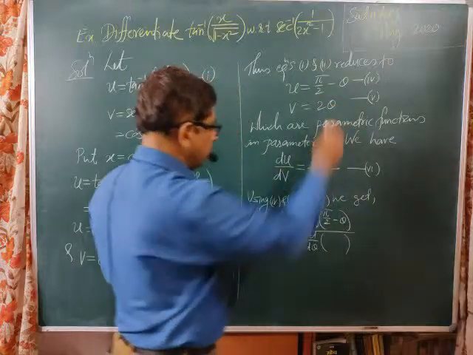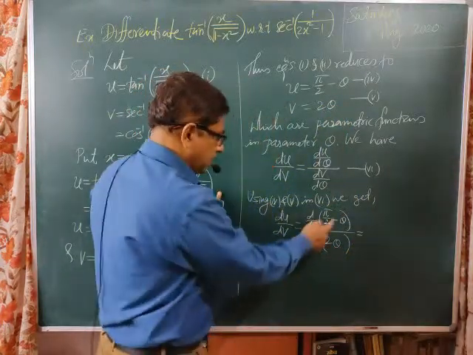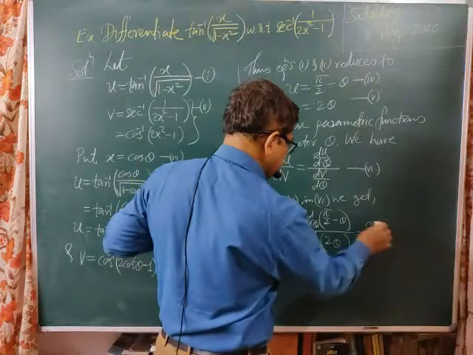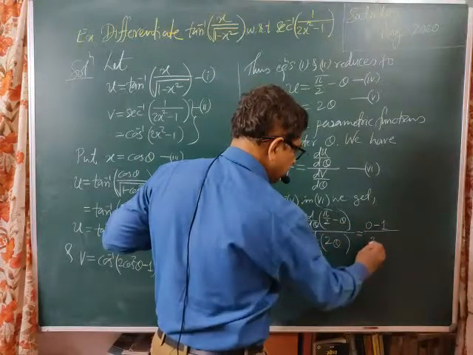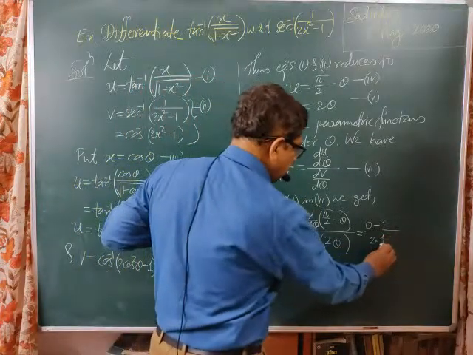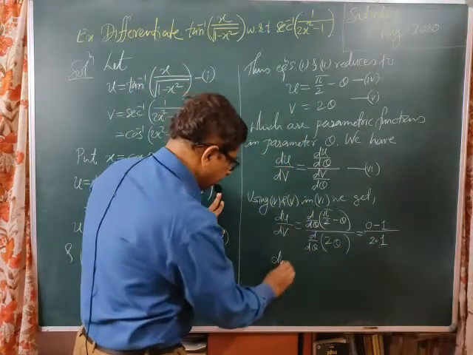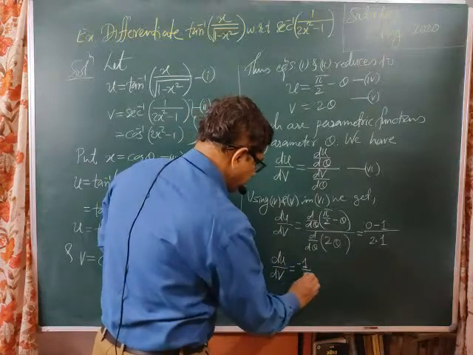V we have obtained 2 theta. So differentiate it, you will get rate of pi by 2 is 0 minus rate of theta with respect to theta is 1. Divided by 2 is constant multiple, can be taken outside the derivative. D theta of theta is 1. So du by dv is equal to minus half.